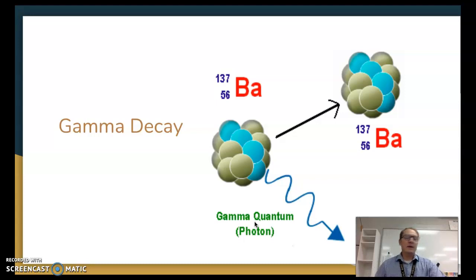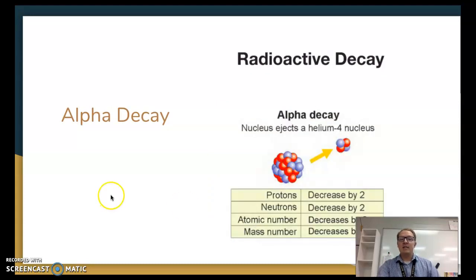Now, we're not going to expect you to know, when carbon-14 decays, which type of decay it uses, alpha, beta, or gamma. But what we do want you to know is that there are three types of decay, and what happens in each one. So be familiar with alpha decay, which is when 2 protons and 2 neutrons leave the nucleus.